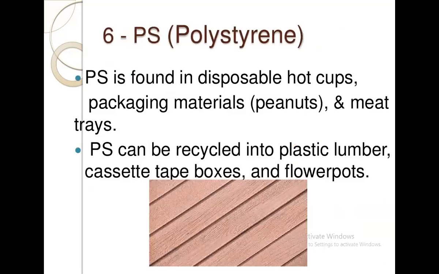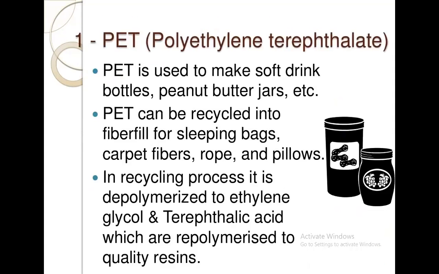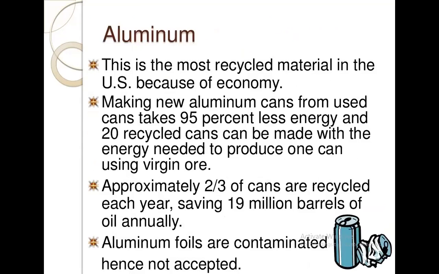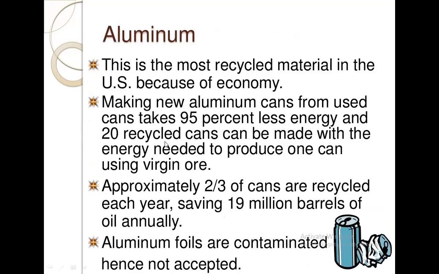Recyclable materials include recycled plastics, iron, aluminum, papers, etc. So how is aluminum useful? Aluminum is a metal which is reused, making new aluminum cans. Making aluminum cans from used cans takes 95% less energy, and 20 recycled cans can be made with the energy needed to produce one can using virgin ore.